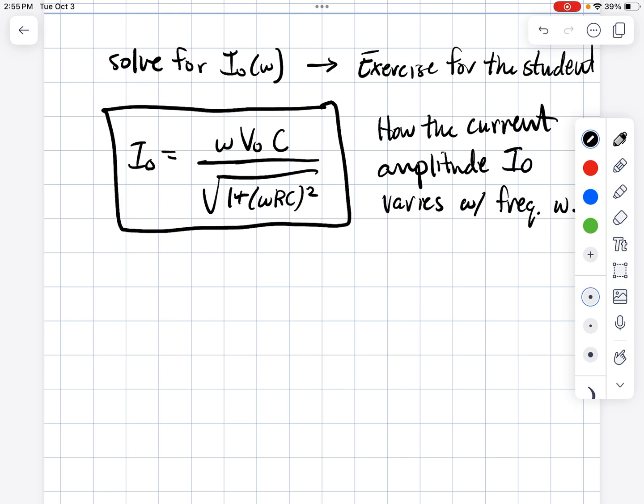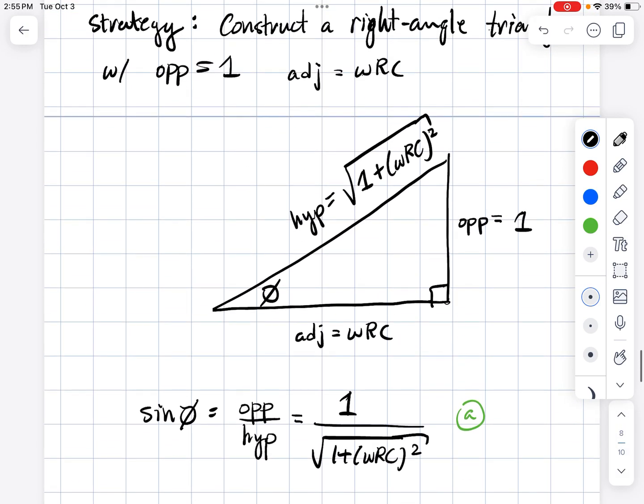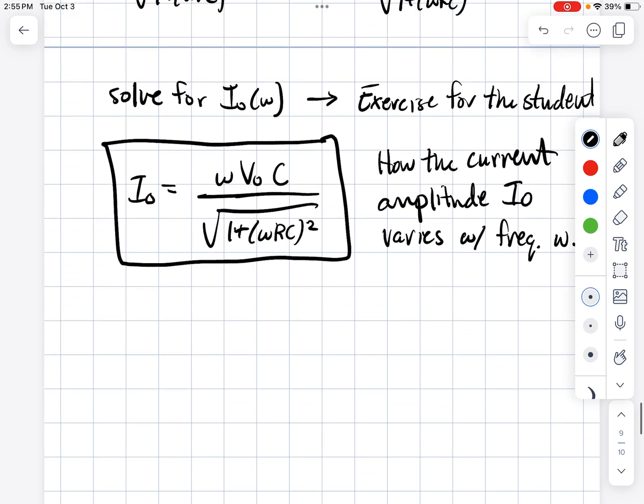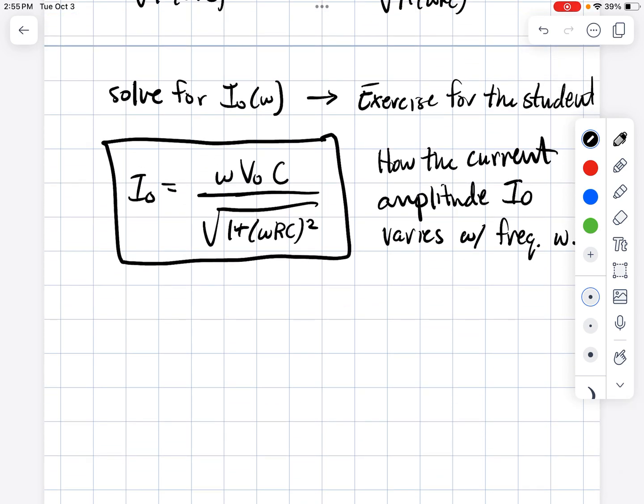It was quite a bit of work. The steps weren't that hard, but we had to be a bit clever, like in constructing right angle triangles. We still ended up having to solve essentially a differential equation. We had to guess the form of the solution for the current.